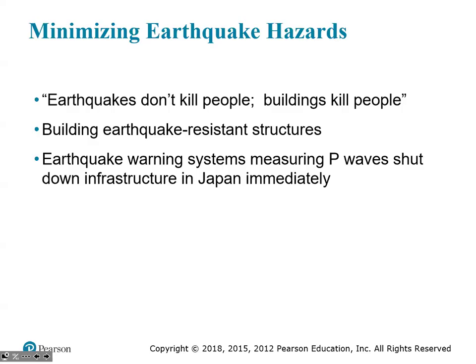So one of the things you can do is build earthquake-resistant structures. In places that have had lots of earthquakes, there are very detailed codes dictating how you have to build buildings so that they're resistant to earthquakes, so that they'll hold up. And also, you see things in the design of historic buildings in places that have had lots of earthquakes.